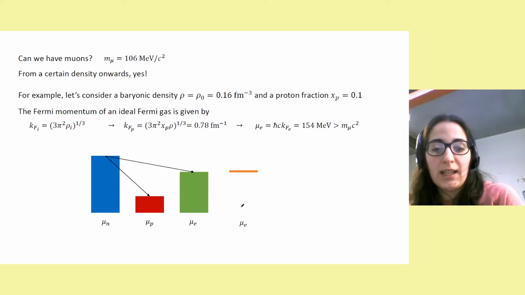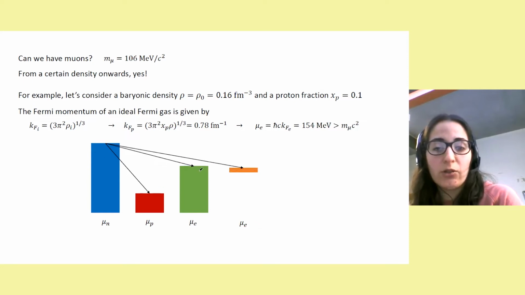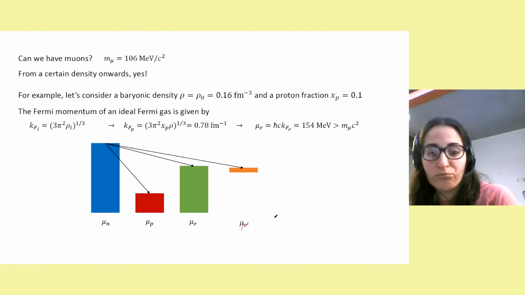And we see that at some point, this should be the muon. If we reach the mass of the muon, at some point it will also be possible that this muon Fermi sea is occupied. So at some point, our matter will not only be formed of neutrons, protons, and electrons, but neutrons, protons, electrons, and muons.